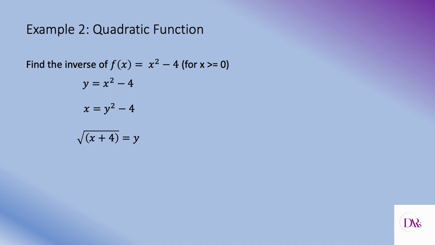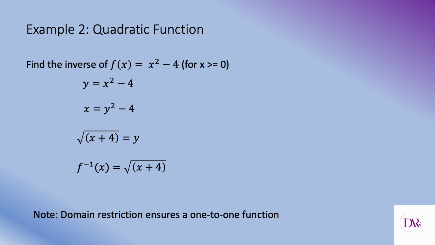Now we will replace our y with f to the negative 1 of x. Now f to the negative 1 of x equals the square root of x plus 4. Now in this instance, because it's a quadratic function, we must restrict our domain in order to ensure a one-to-one function.